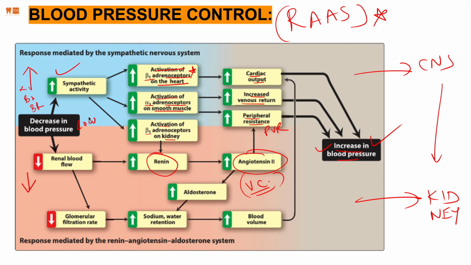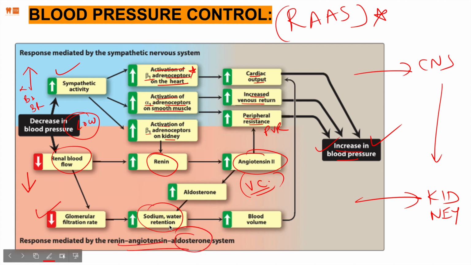Now the other side of the coin is down here. When there is low blood pressure, the body responds by saying, hey, I have less blood flowing to the kidneys. Decreased renal blood flow. And then the glomerular filtration rate also drops. Okay. In response to that, sodium water retention takes place. And that is the RAAS system.